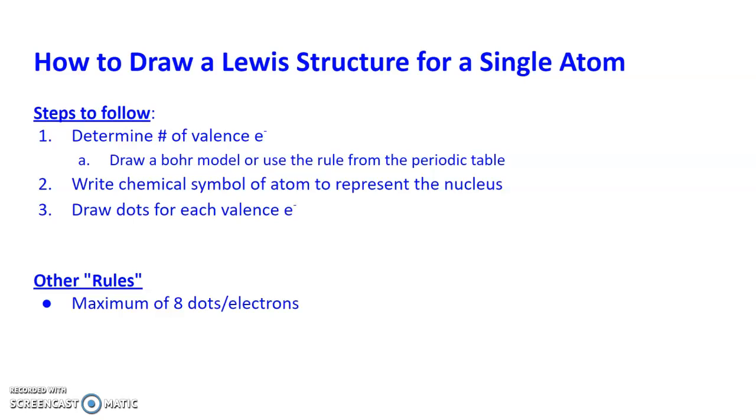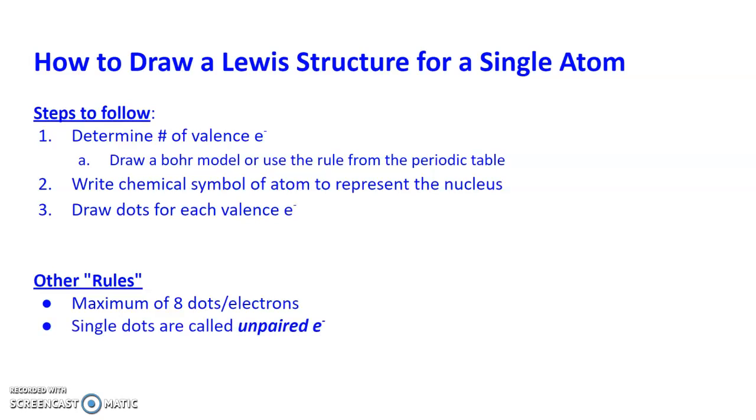And so it'll end in like S2P6. So there's really only 8 dots or electrons that we care about in covalent bonding, right? Metals can do whatever they want, but in covalent bonding, we really only care about nonmetals. So there's a maximum of 8 dots.